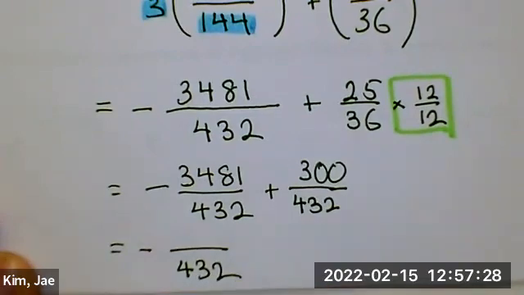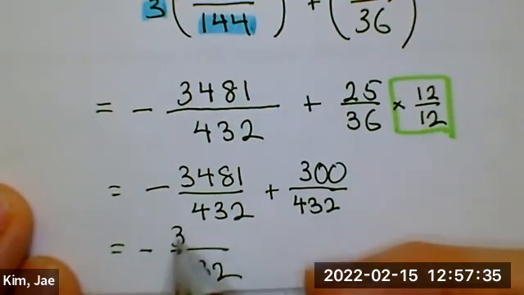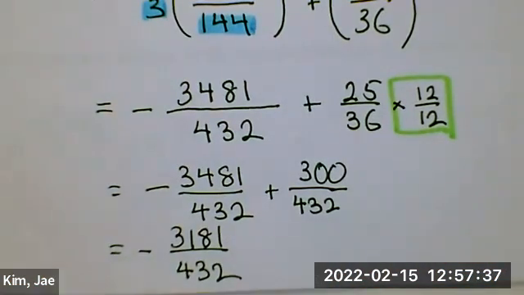I wonder if I have to reduce. Negative 3481 plus 300 is negative 3181. At this point, I can't divide by a 2. Can I divide by a 3?